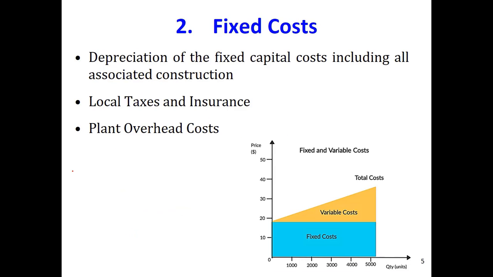Then we have fixed costs. One of the most important fixed costs is the depreciation of the fixed capital cost. Depreciation of all fixed capital costs. So let's say you buy some cars, some equipment, some trucks for your factory.